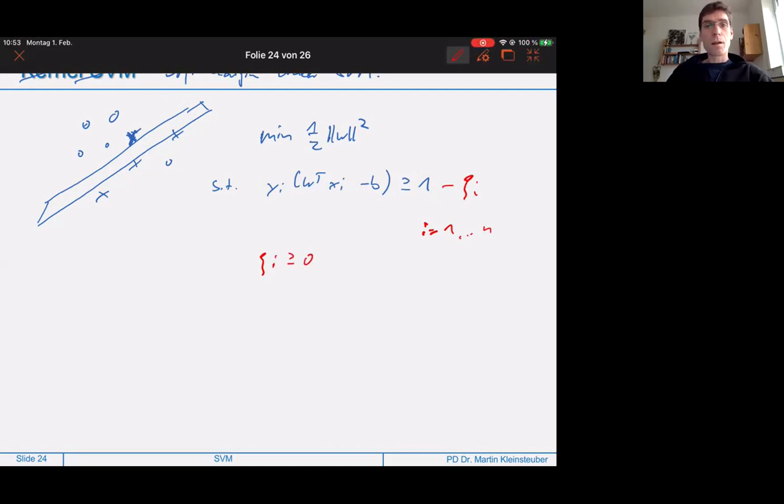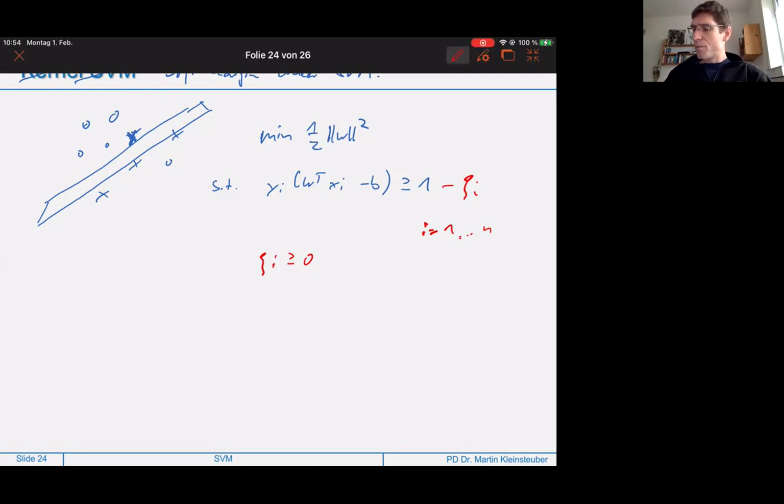This is somehow the amount of misclassification, and we don't want to pay so much for this xi. So the xi somehow costs us money, and we don't want to pay a lot for that.